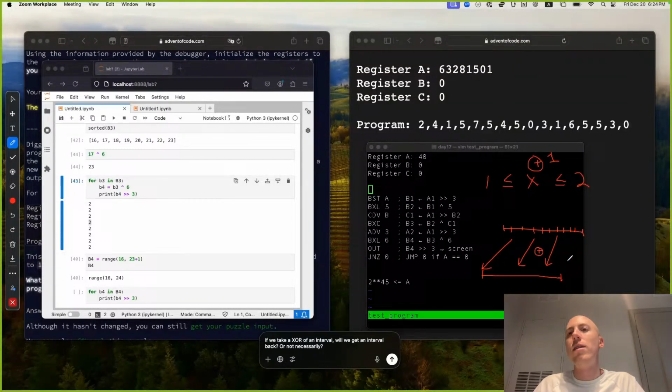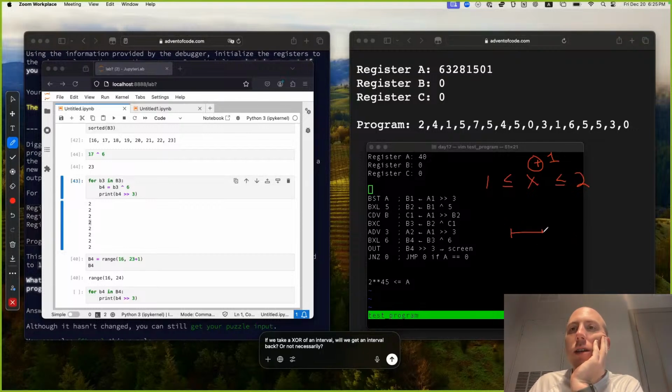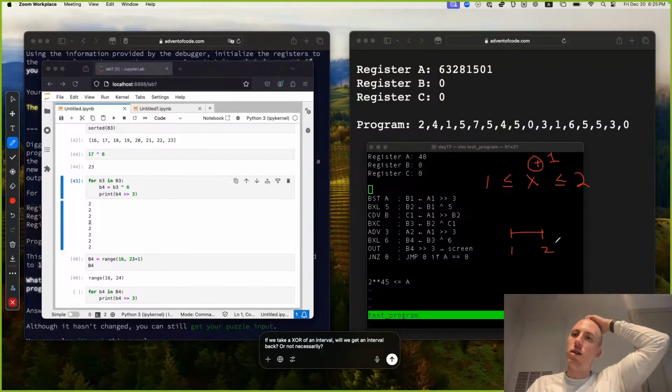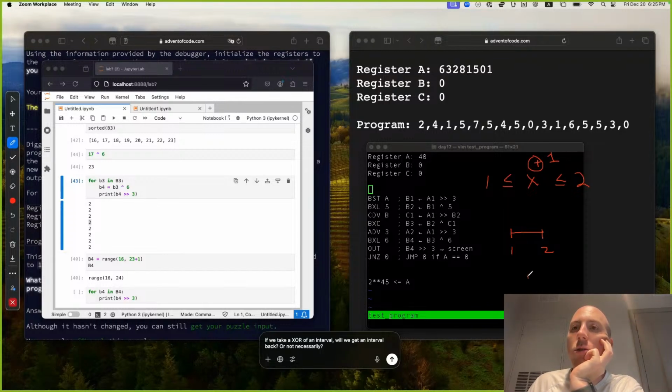I think we can show that we won't necessarily get the same interval back. Say we just have 1 and 2. Let's Zor with 1. 2 Zored with 1 is equal to 3. So basically we get 0 and 3: 1 goes to 0 and 2 goes to 3.